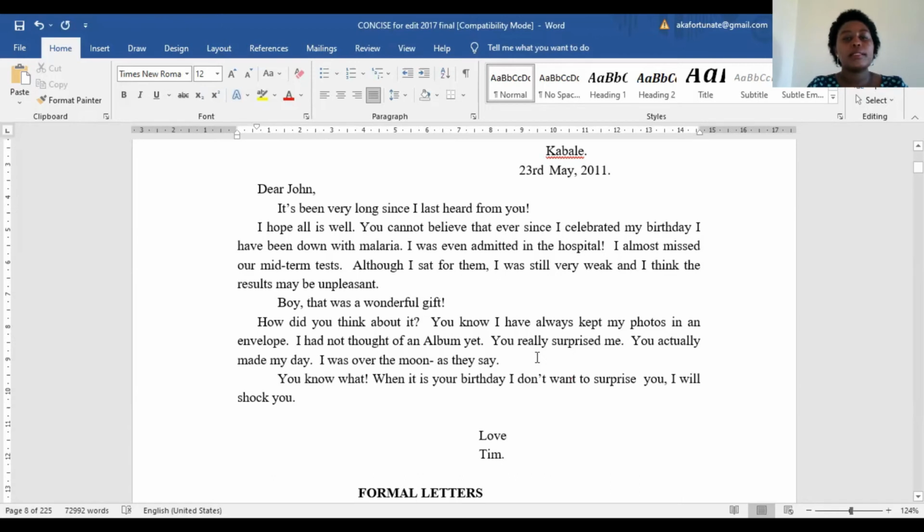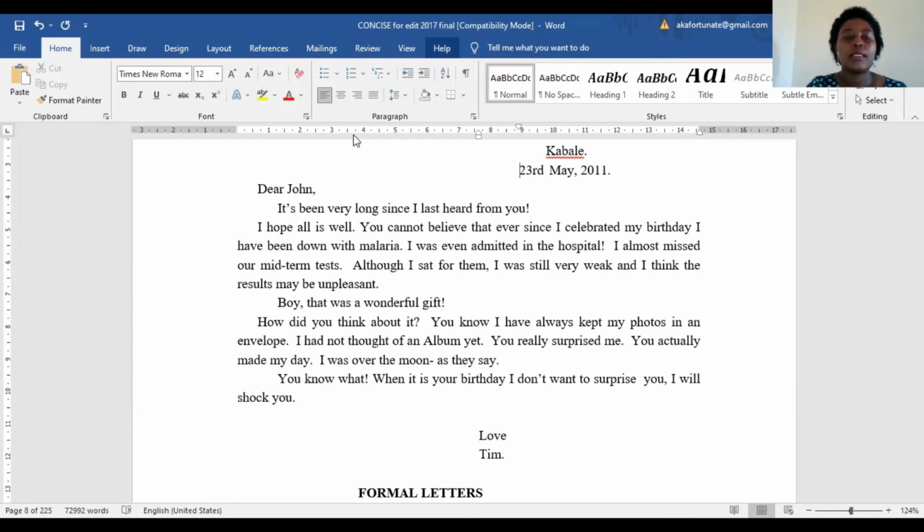Now, one thing I want us to put attention to on this friendly letter is the language. The language of this friendly letter is more or less informal. As you can see, in English language, we don't want you to use short forms or what we call contractions.